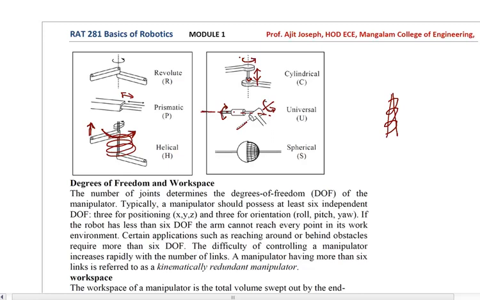So if you look at the axis of the first joint, the revolute movement is along this direction, whereas the second joint is connected perpendicular to it, because of which the movement is again revolute, but at 90 degrees to the previous. So that is called a universal joint.